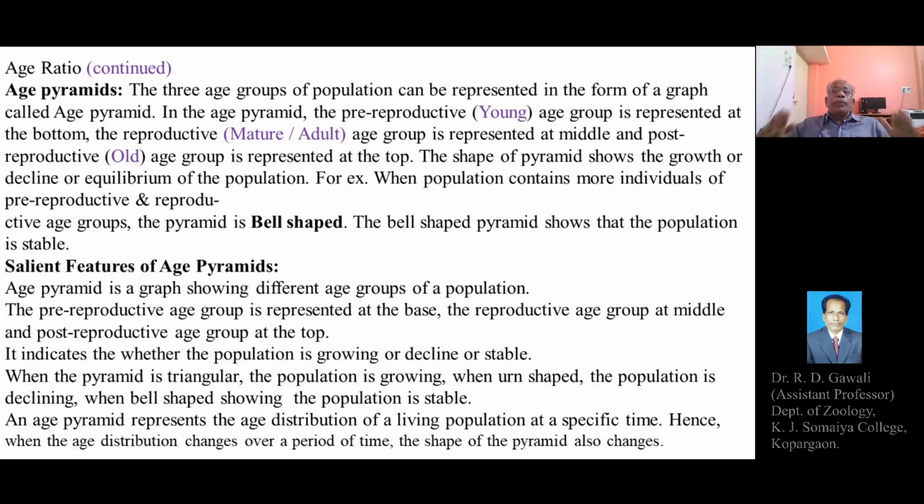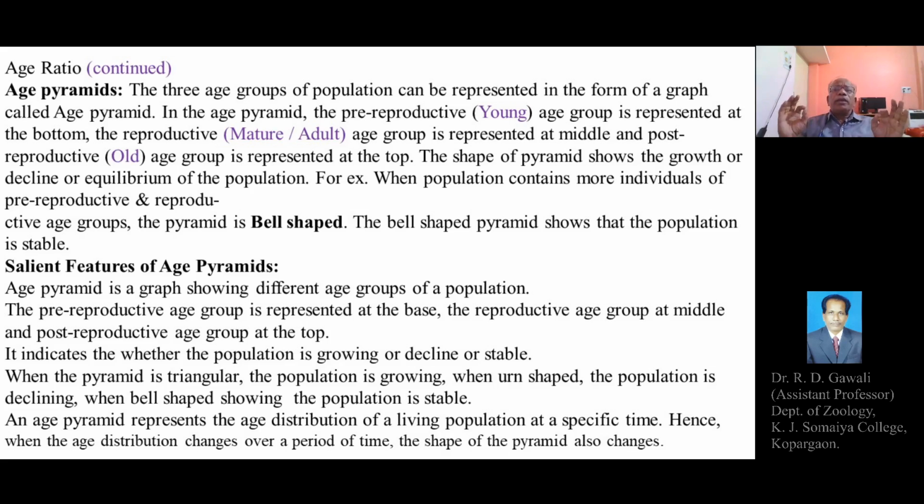So, in a pyramid with the shape of a triangle, for example, the pre-reproductive age group is represented at the bottom of the pyramid, the reproductive age group in the middle, and the post-reproductive age group at the top.